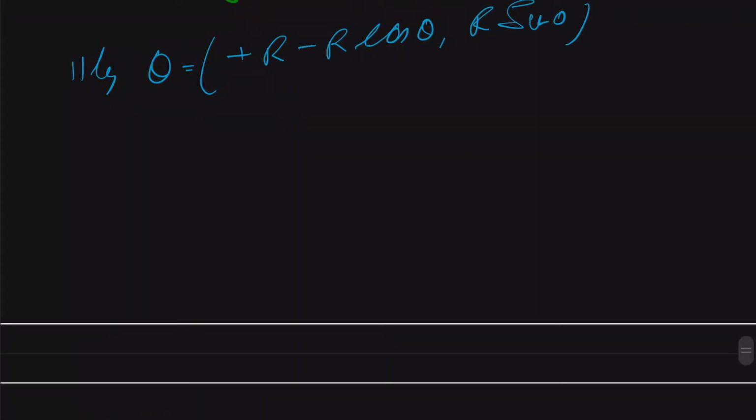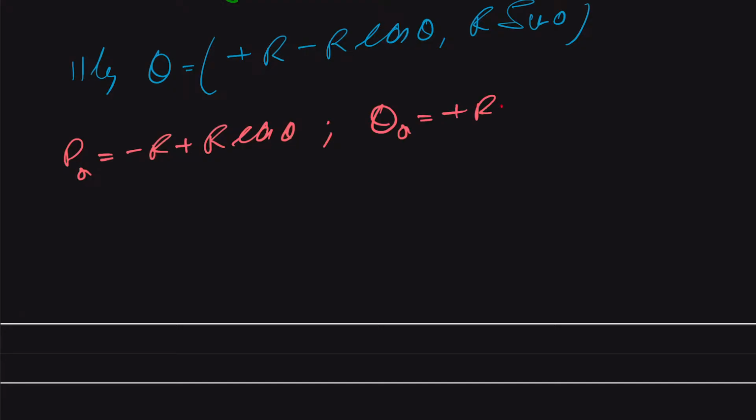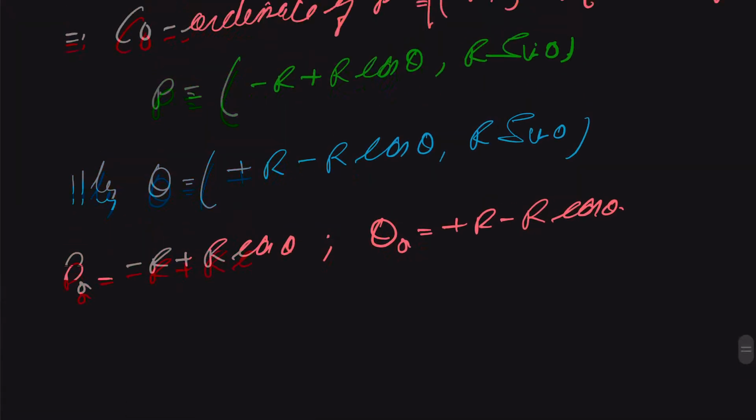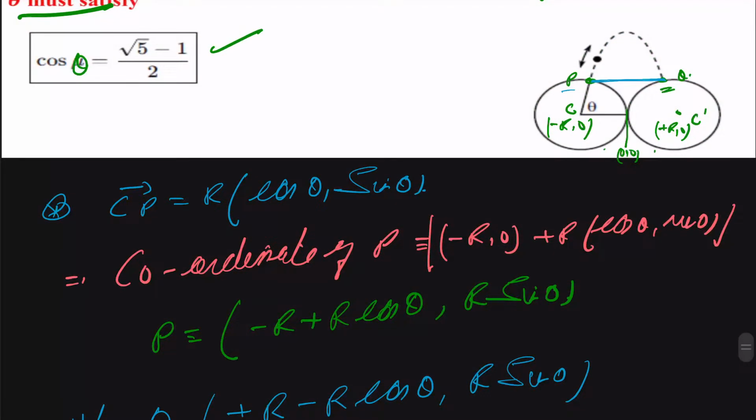From here we can say that our Px is equal to minus r plus r cos of theta, and we have Qx equal to plus r minus r cos of theta. Let us suppose the horizontal distance between P and Q is given as x.